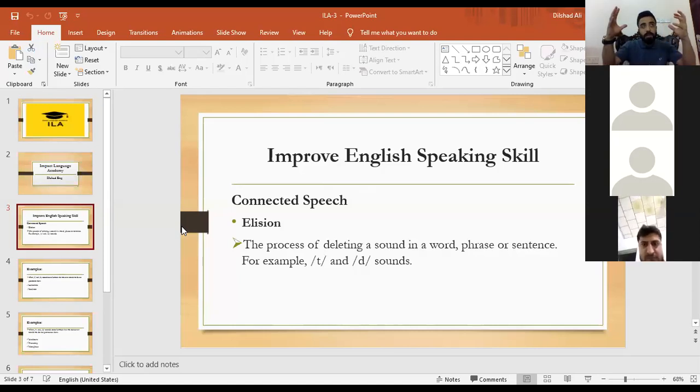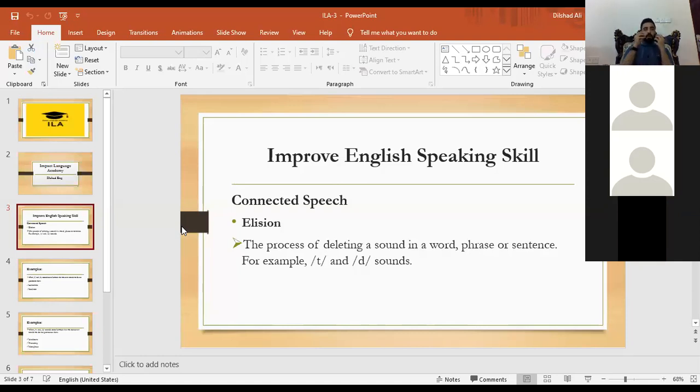In a word, one sound, or sometimes even one syllable, is not sounded. Or in a sentence, when we link, one sound will be missed. We do not pronounce the sound.